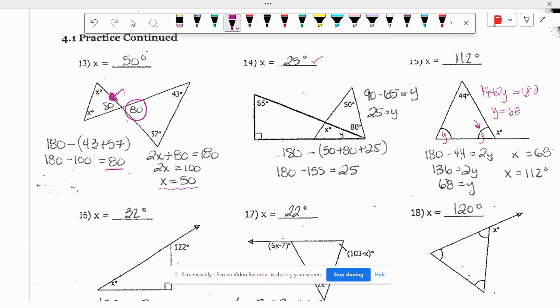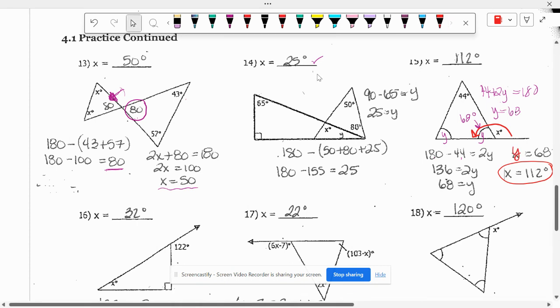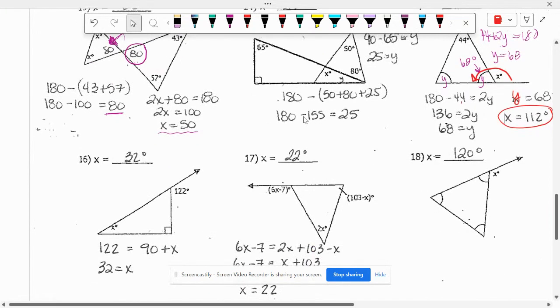So this angle right here is 68 degrees. Well, if this is 68, and I know this whole angle forms a linear pair, 180 minus 68 is 112. So X equals 112. Number 16, again, I use that 90 degree.